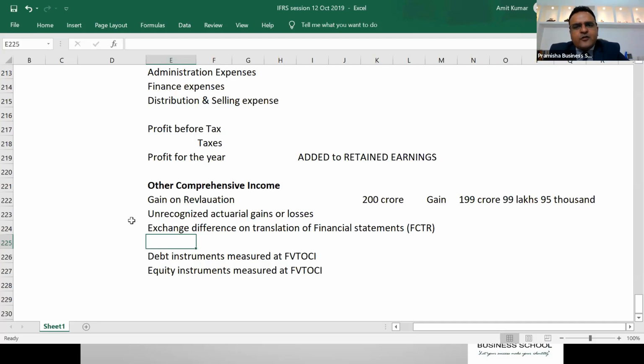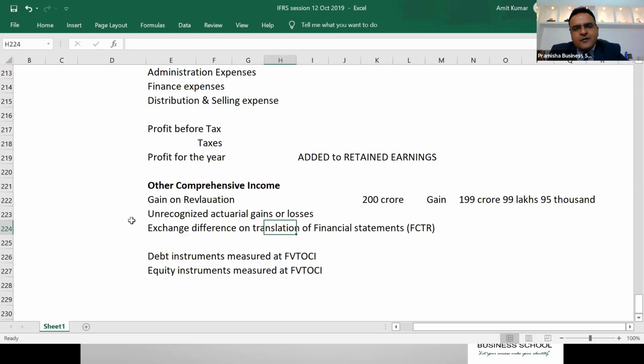Who is responsible for this gain or loss on exchange difference? Is the management responsible? They were profitable in INR and suddenly they ran into losses because they converted the financial statements into Australian dollars. Or they were running into losses, they became profitable, or the profits have decreased, or the losses have increased. Could be anything. Who is responsible for this exchange gain or loss?